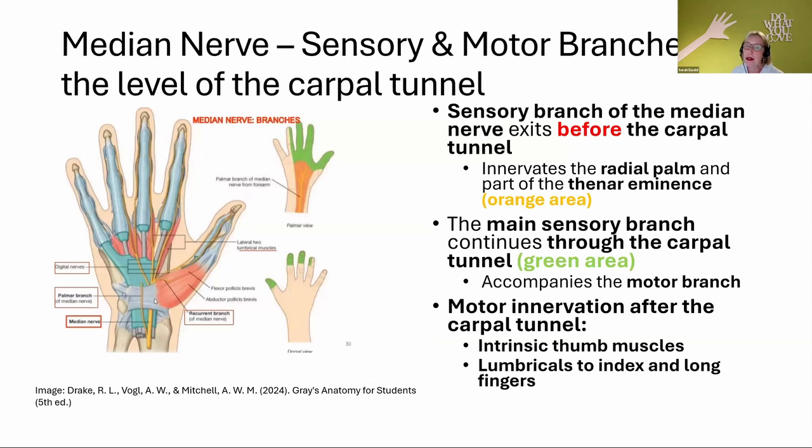And what you might notice, it slides through, it divides. Our median nerve provides the different digital nerves to the thumb, the index finger, the third finger, and a good portion of the fourth finger. But what you might not have noticed is here, there's a bit that goes off before it goes through the carpal tunnel. And this branch of the median nerve is the superficial palmar branch.